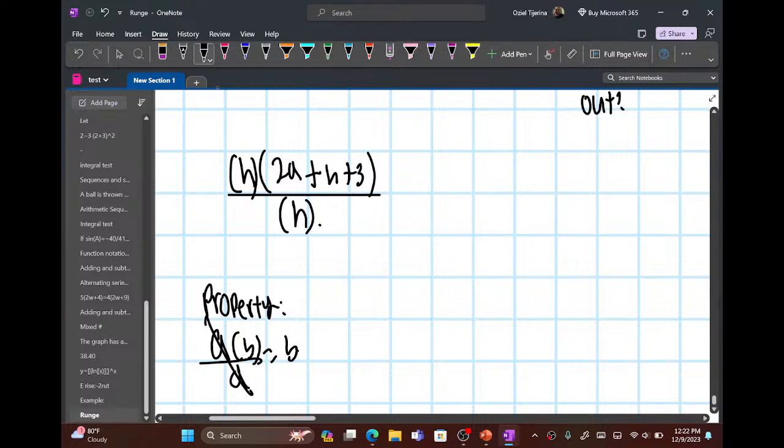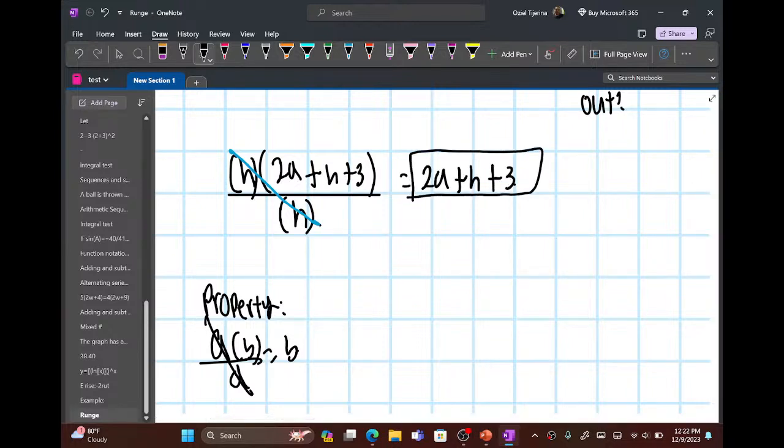So therefore, this will cancel out, and we're going to end up with 2a plus h plus 3, excuse me. That is our final answer, guys. That is what we get for the final answer for this problem.